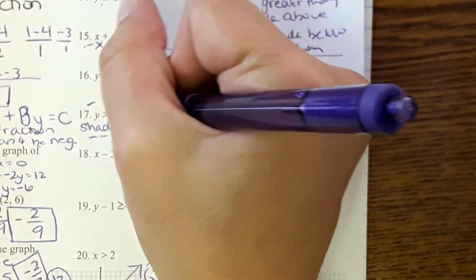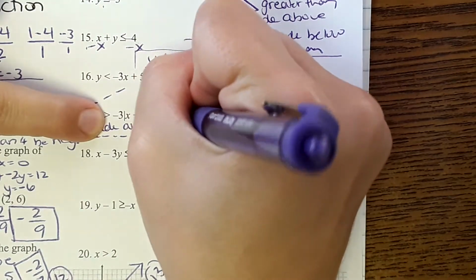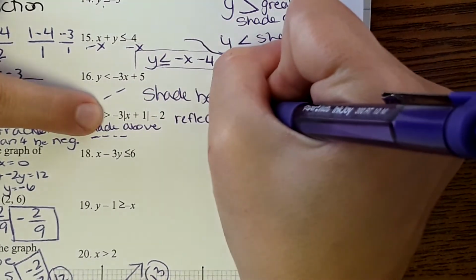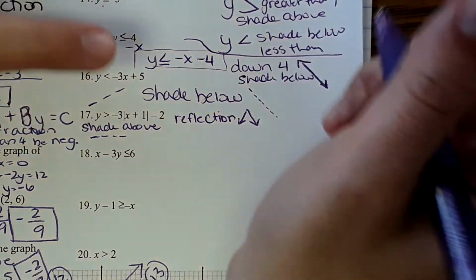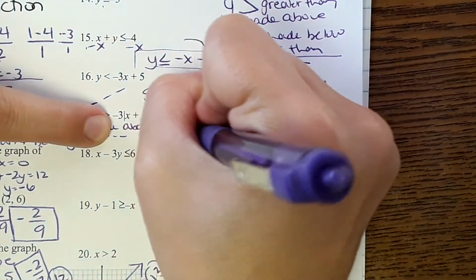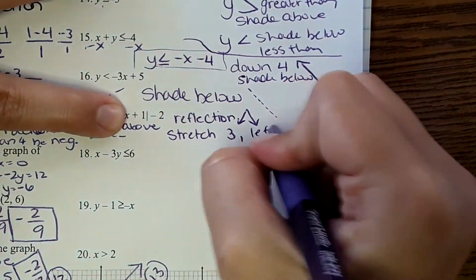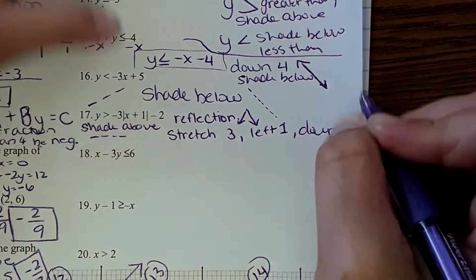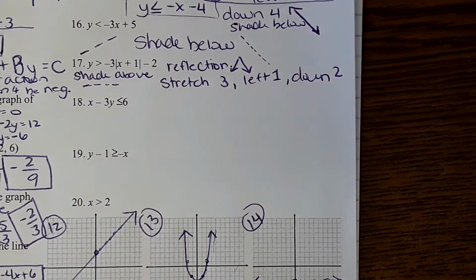Okay. So you shade above, dotted line, negative, so it's a reflection. It's an absolute value, so the reflection is going to look like this. It's going to go down. And then our stretch is 3. Plus 1 is left 1. And negative 2 is down 2. Then from here we graph 17.